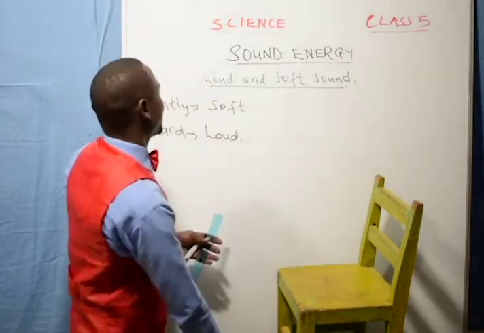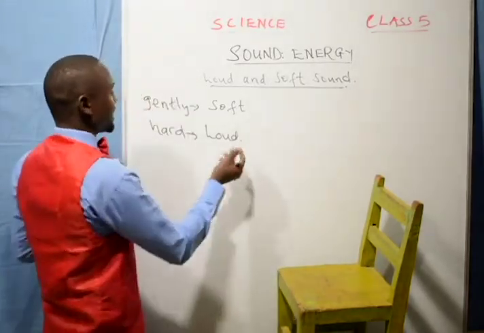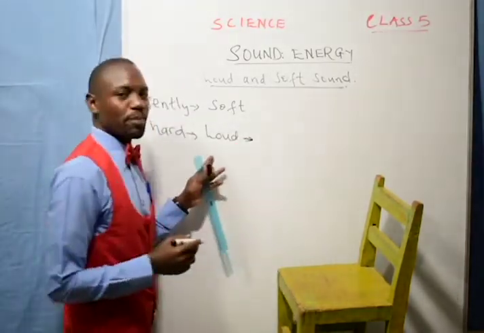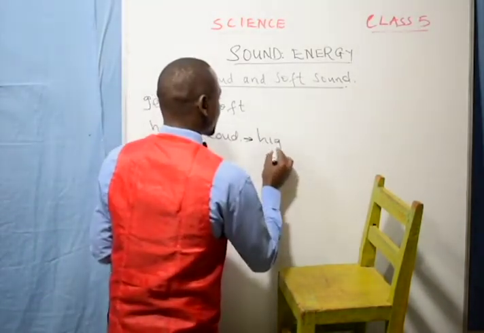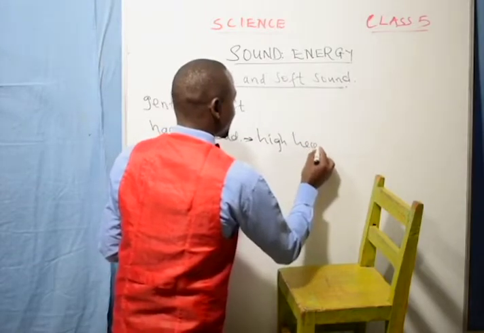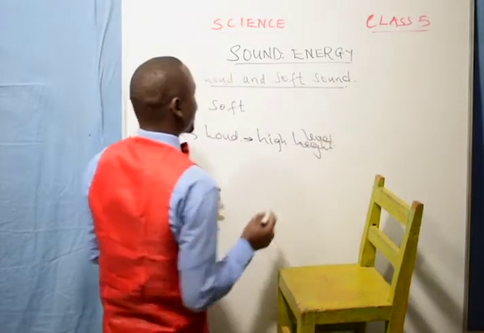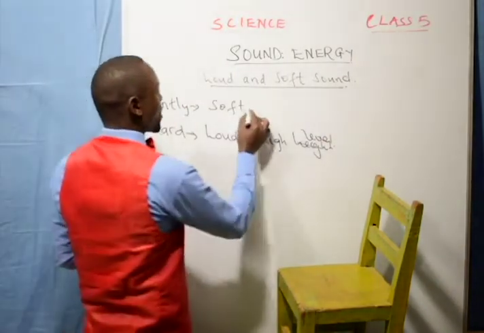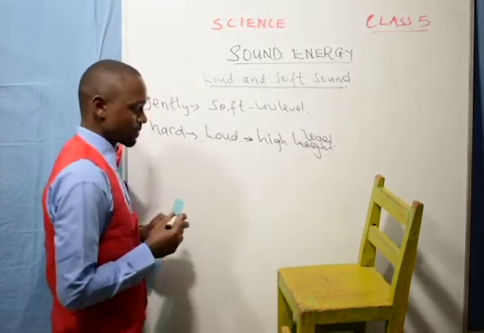When you release an object from a high level, loud sound is produced. But when I release the duster from a low level, it will produce soft sound.